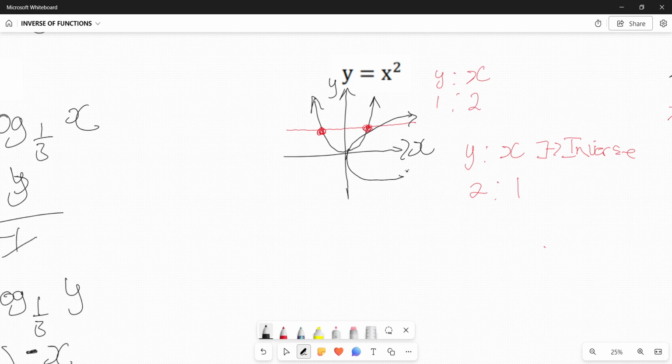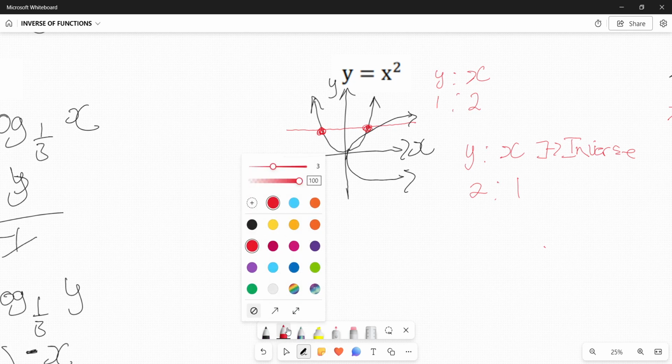So this will be the inverse of this parabolic function. If we were to apply our vertical line test, that's when we test the ratio of y is to x, whether it is acceptable, meaning is it 1 is to 1.